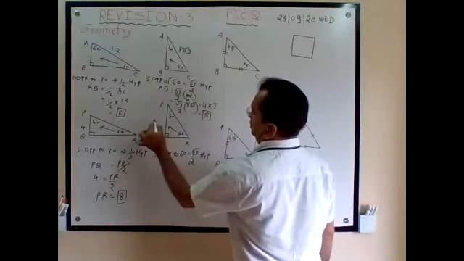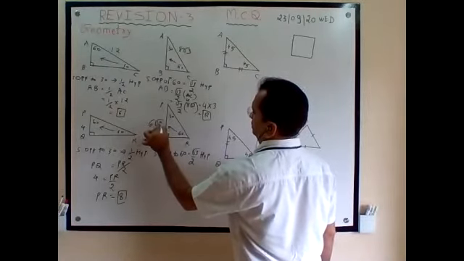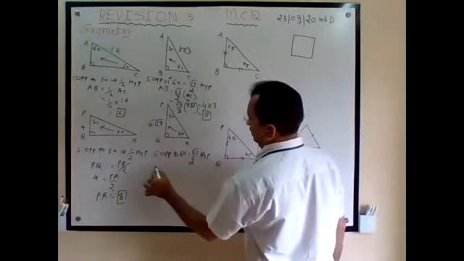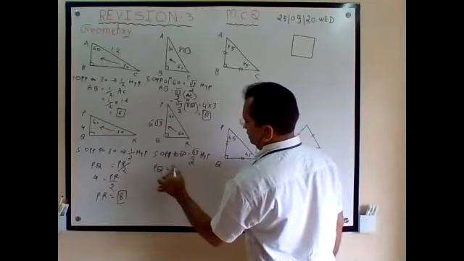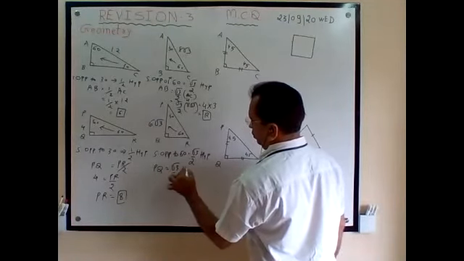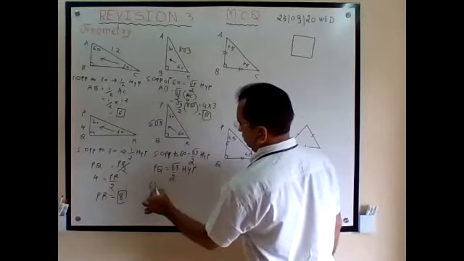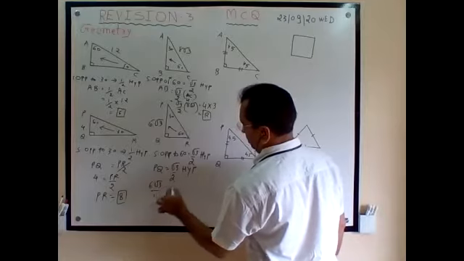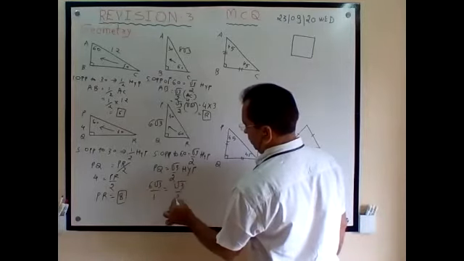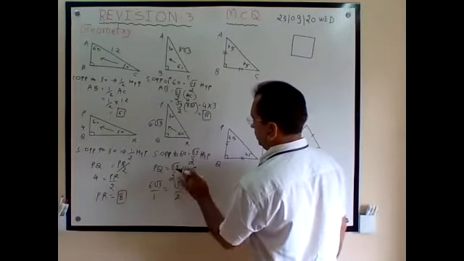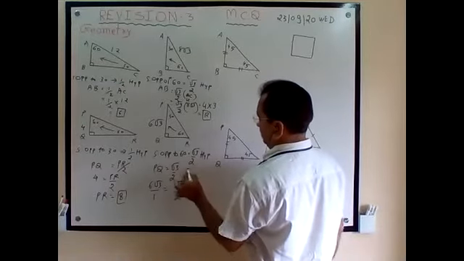Now, this is given, suppose 6 root 3. Opposite to 60 it is given. So PQ is equal to root 3 by 2 of hypotenuse. So this is 6 root 3 equals root 3 by 2 of hypotenuse, which means PR.